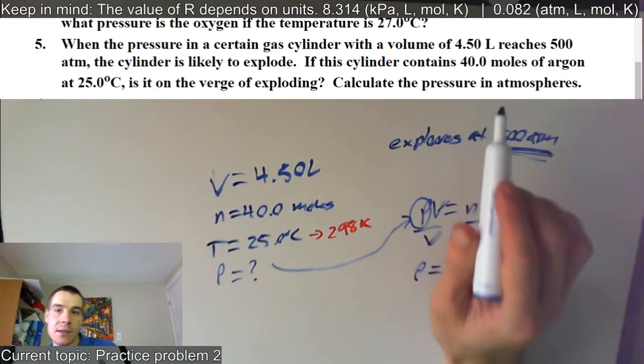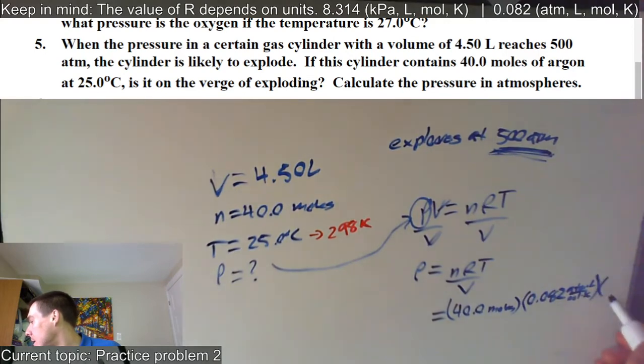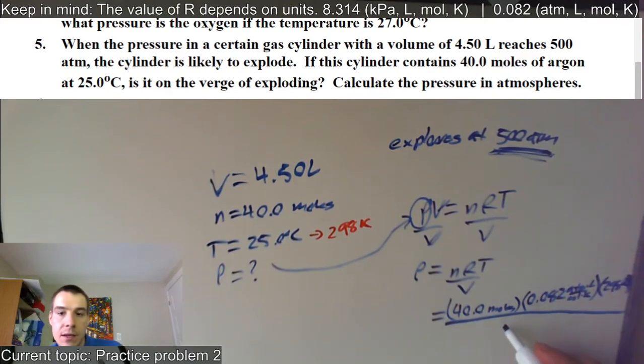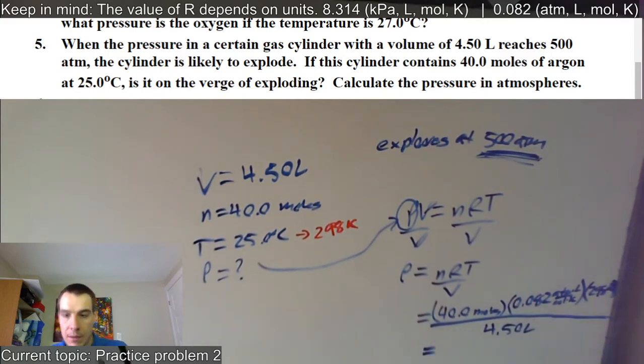Let's use our atmosphere version: 0.082 atmosphere per mole K. The temperature is 298 Kelvin, divided by the volume, 4.5 liters.